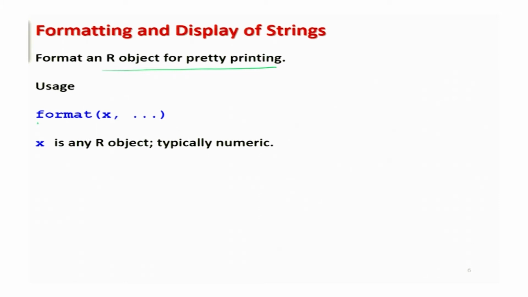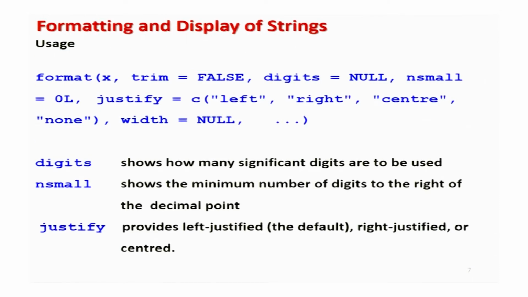The command is format, F-O-R-M-A-T, and inside the parenthesis you have to write the object, typically a numeric value, but there are some other options also, which I will try to show you with this command. Then I will show you some examples so that you can understand how to use this format command with the print command.